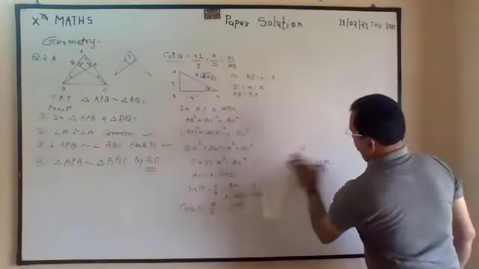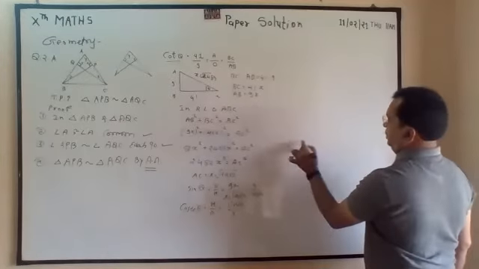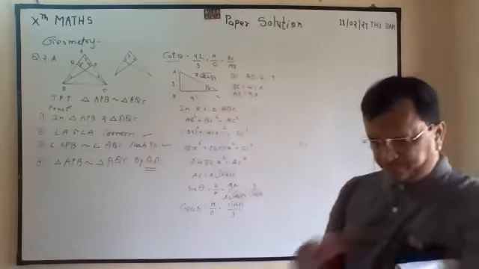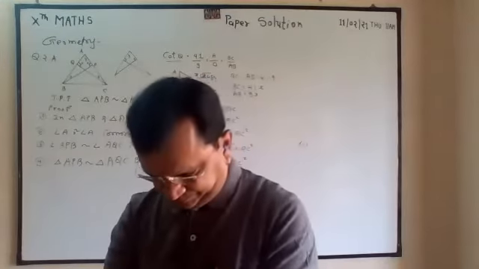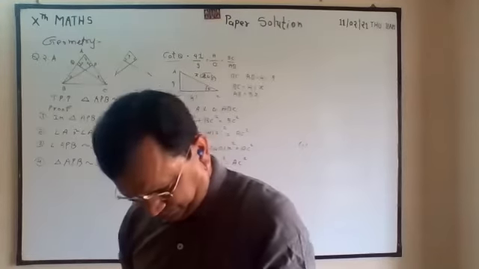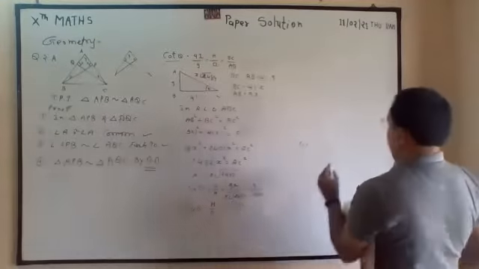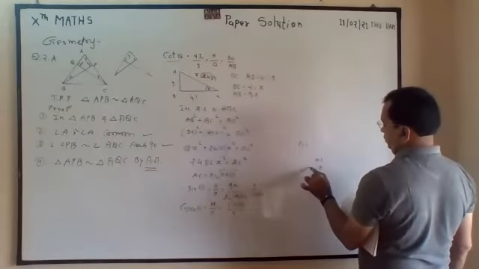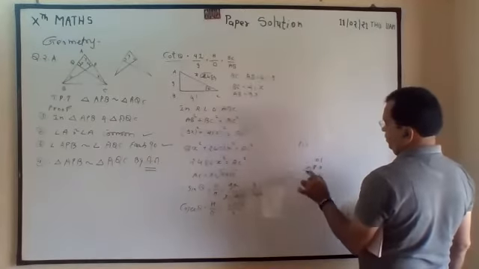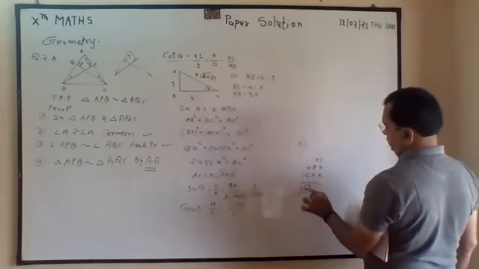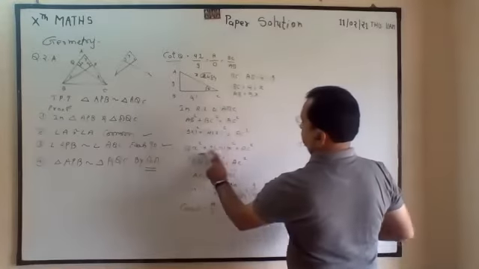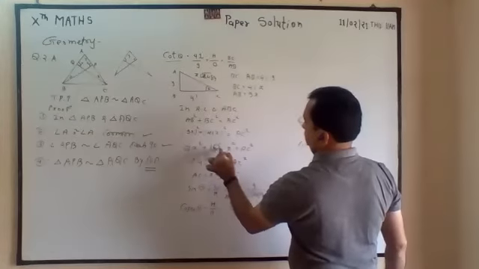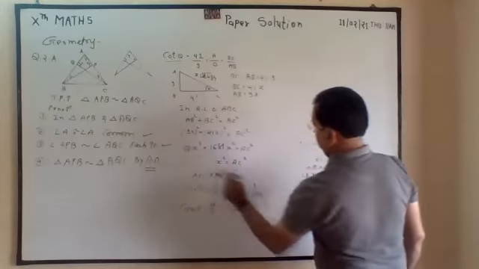So the square of 41: 1 ones are 1, 4 ones are 4, 4 fours are 16, so 1681. So this is 1681 plus this 81.